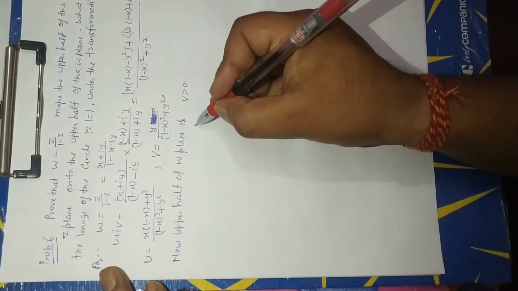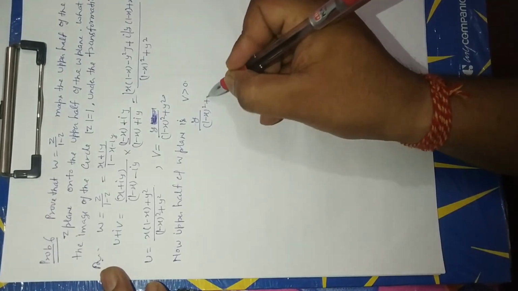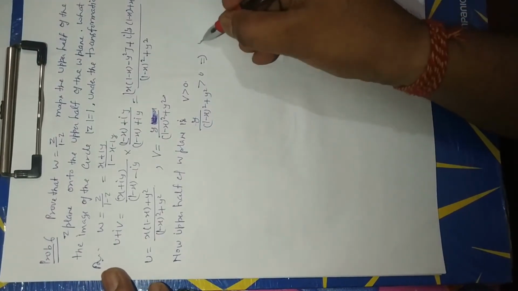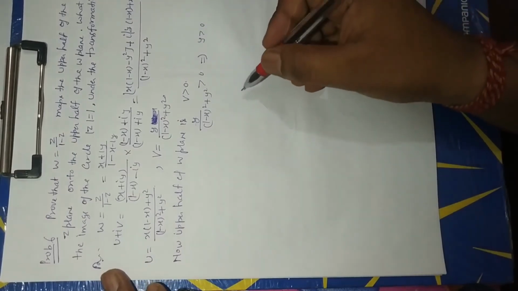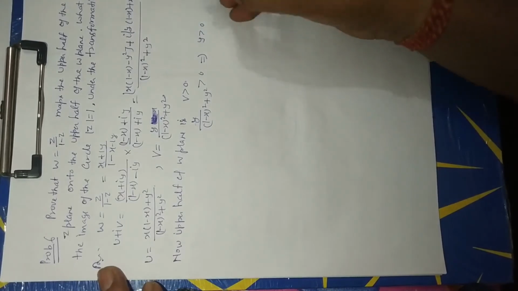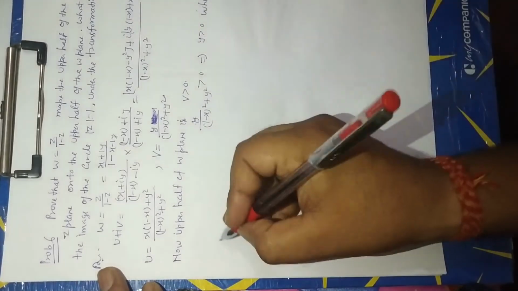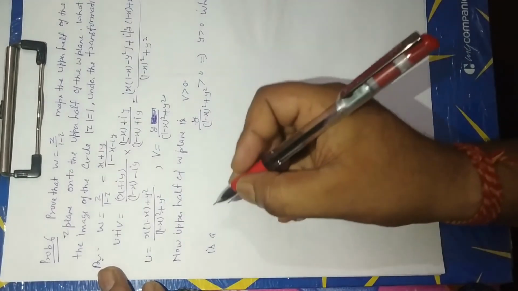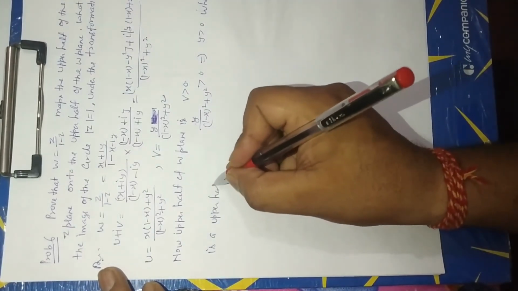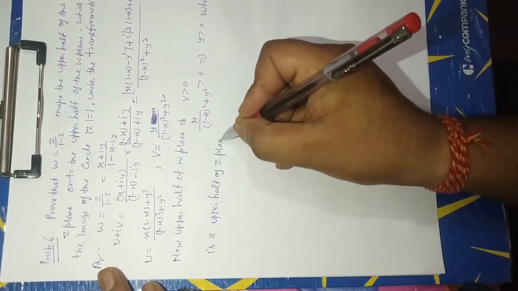Now putting the value of v, y upon (1 minus x) whole square plus y square greater than 0 implies y greater than 0, which is the upper half of the Z plane.